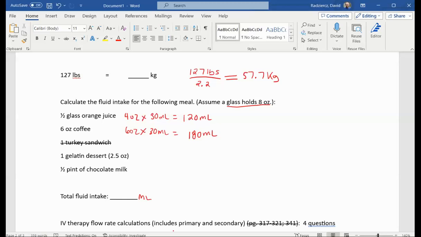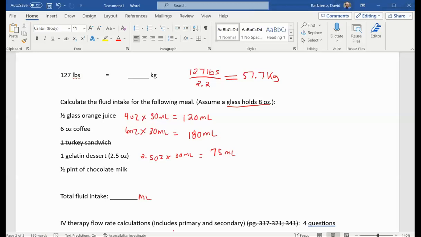Jello is 2.5 ounces. So I'm just going to take 2.5 ounces times 30 milliliters. So 2.5 times 30 is 75 milliliters. And after I find all these, I'm going to add it all up.